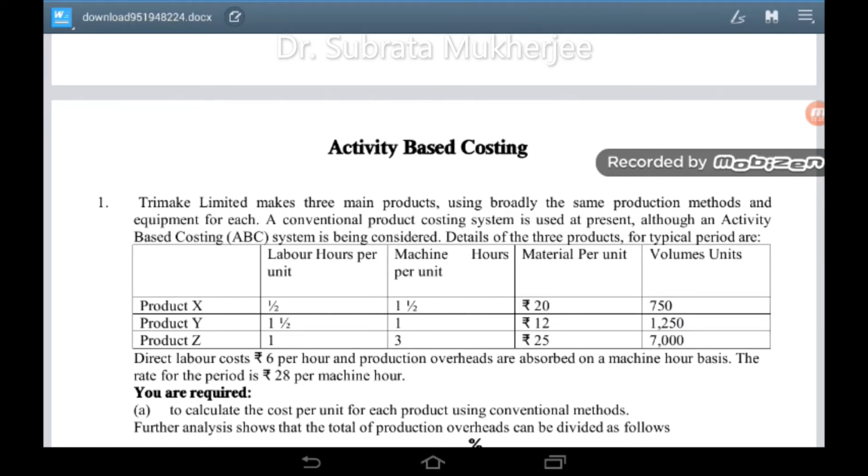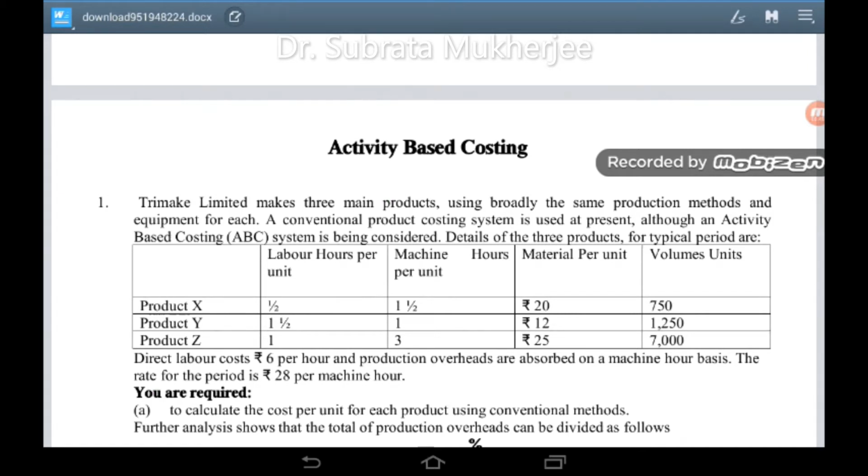For product Y, 1.5 labor hours, 1 machine hour, rupees 20 material per unit and 1,250 units of production. For product Z, 1 labor hour, 3 machine hours, rupees 25 material per unit and 7,000 units produced.